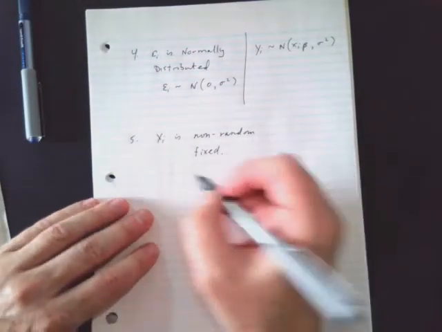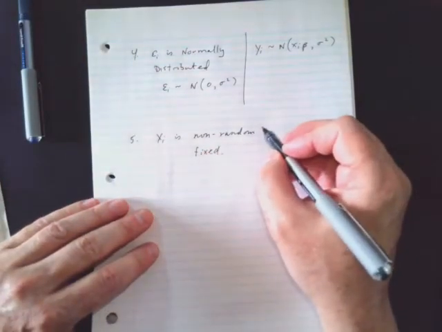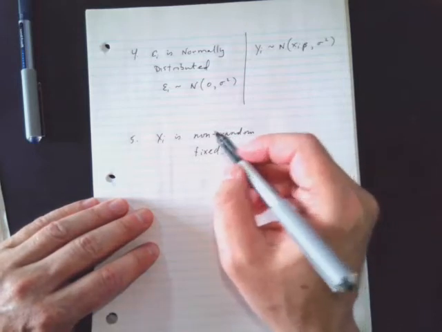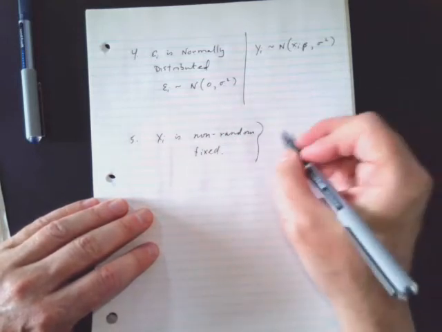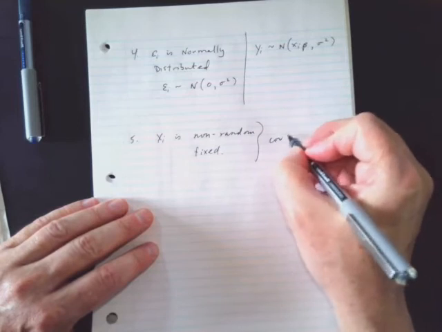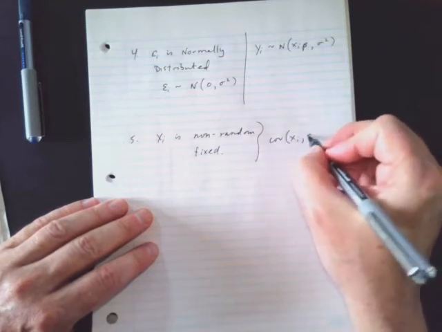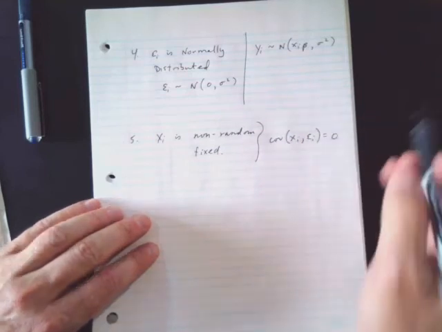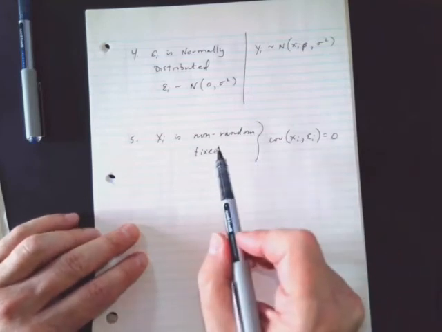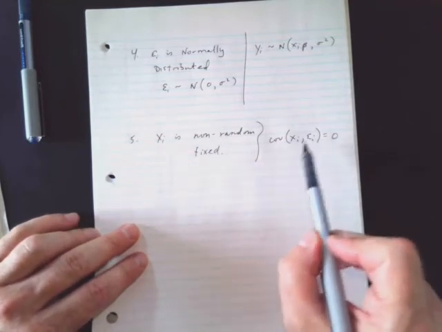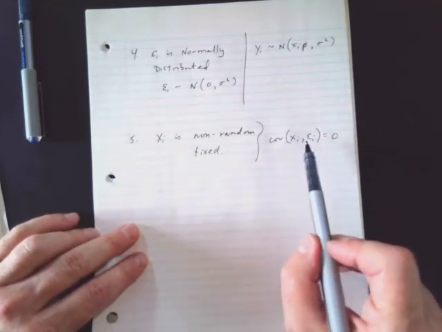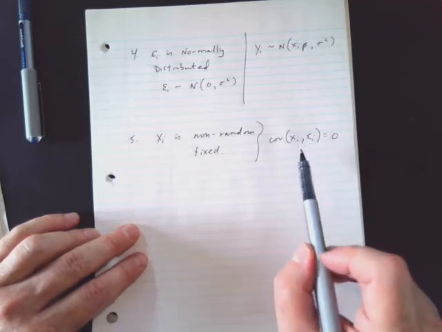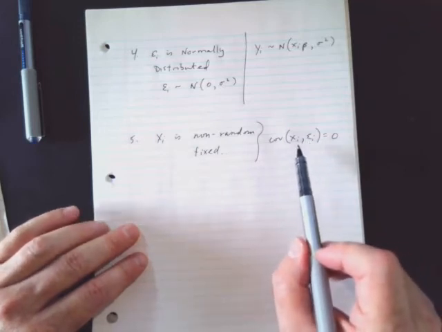Now, there's a technical way of writing this. We could say that the covariance of X and epsilon equals 0. This is actually a slightly less restrictive way of expressing the assumption.